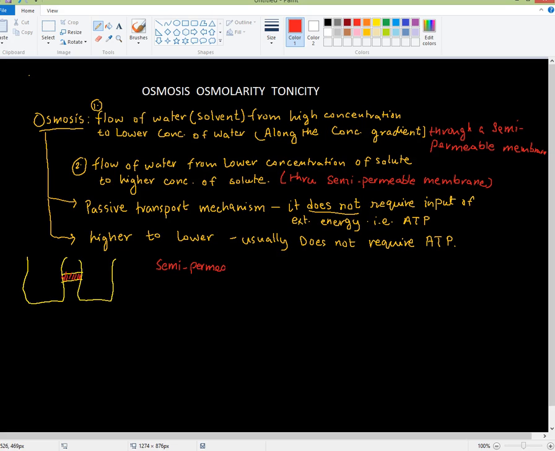So semi-permeable, let's define it, okay. That means it is allowing something and it is not allowing something, okay. So it's partially permeable.